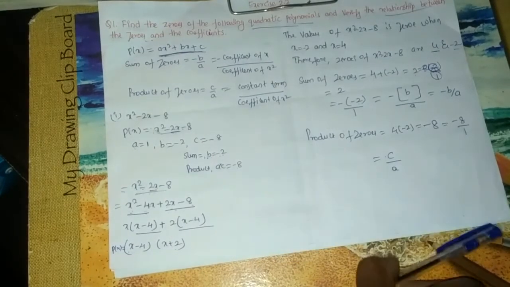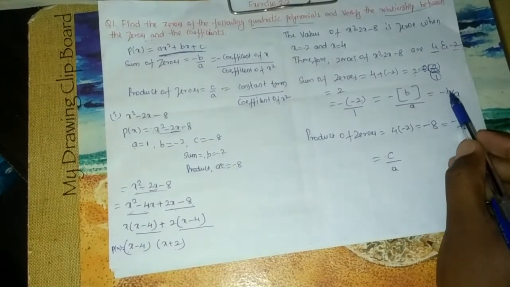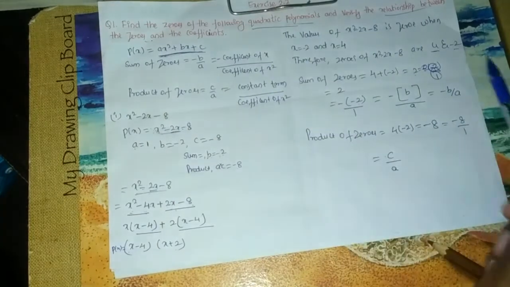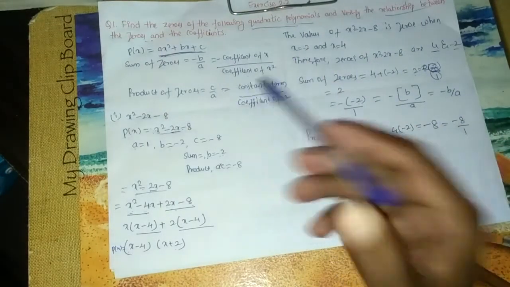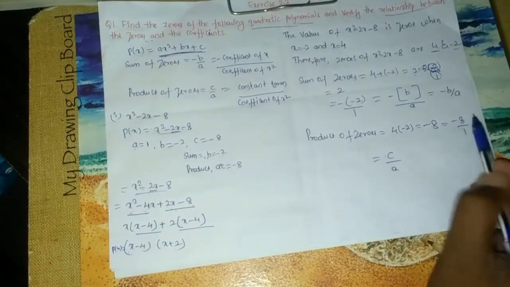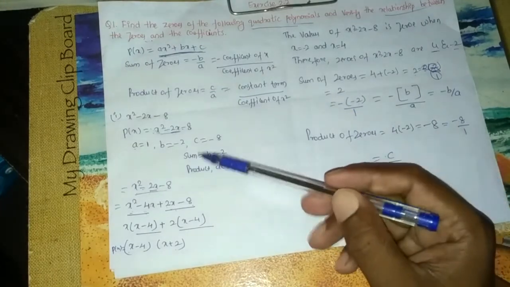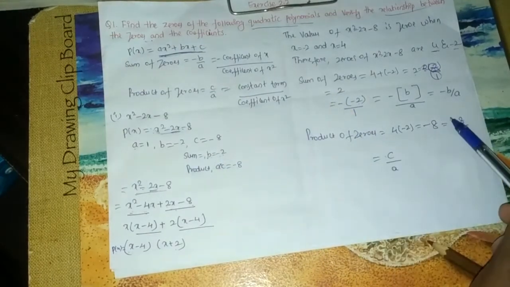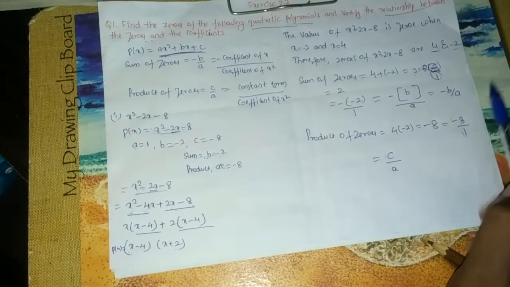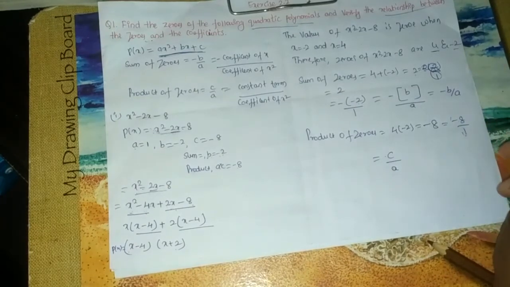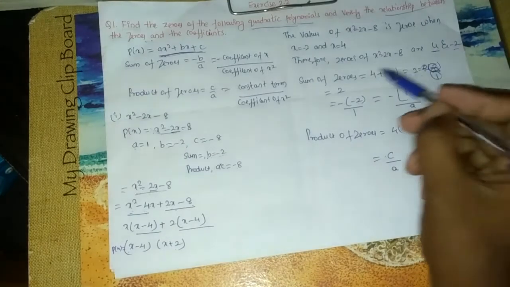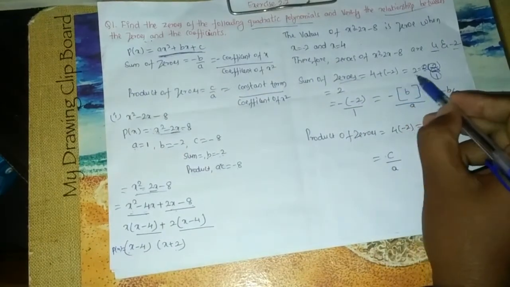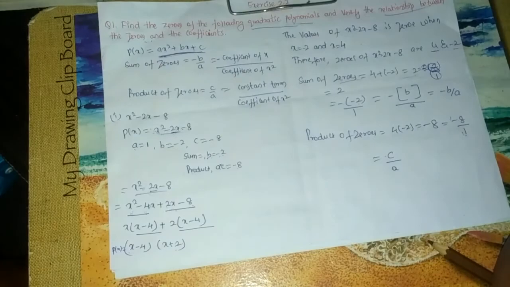We have got the relation: b is the coefficient of x, a is the coefficient of x square, and minus 8 is the constant term. So we have verified the relation between the zeros and coefficients of the polynomial.